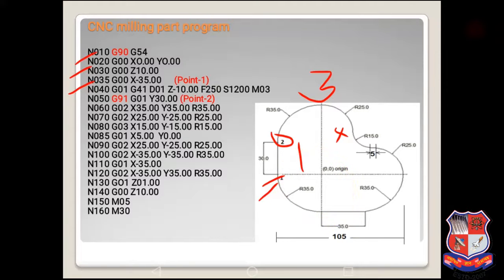We use G02 command and give the value of x coordinate, where x coordinate is minus 35 because once again the movement is in left from the 0 0, and y35 because the movement is above the 0 0 point, but it is plus, and then the radius is 35.